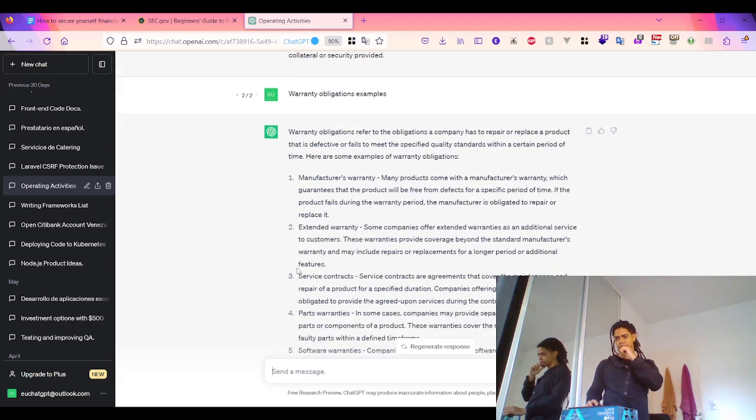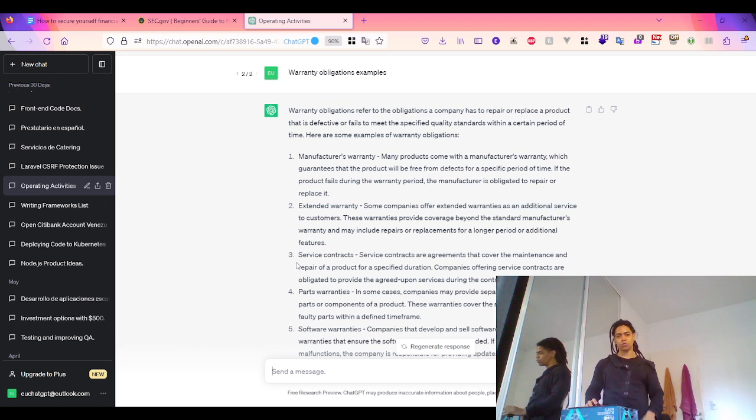Warranty obligation examples. And then I look at warranty obligation examples, right? This is obligations that a company has to pay.